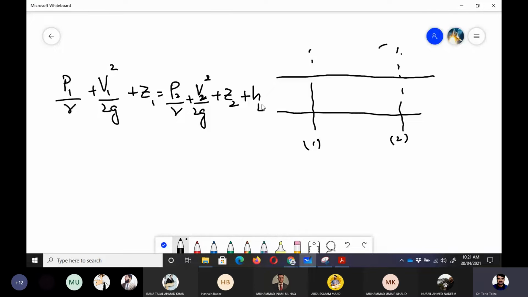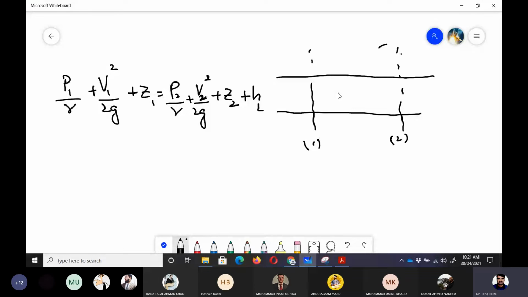HL is the loss of head which this fluid experiences due to friction and any component. Because this is a straight pipe, there is no component. So here HL is only the loss due to frictional effect.